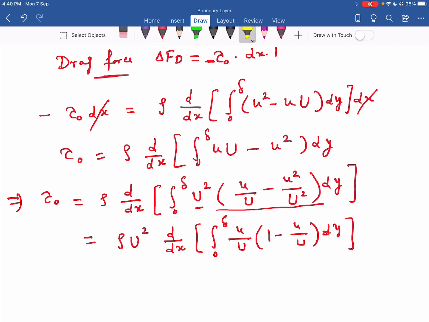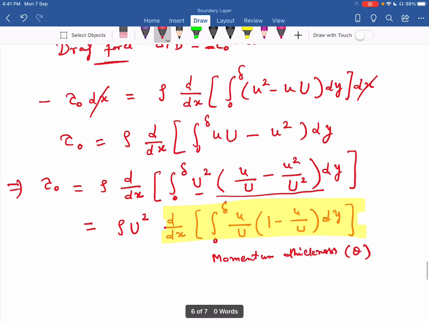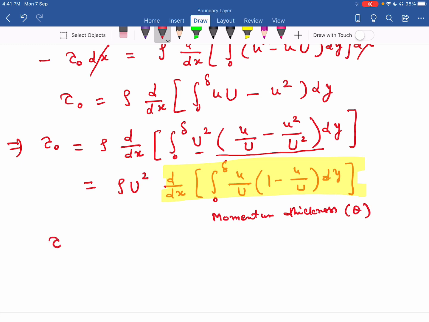Now you can see this term is the momentum thickness, so I can write it as θ. So τ0 divided by ρU² is equal to dθ/dx.